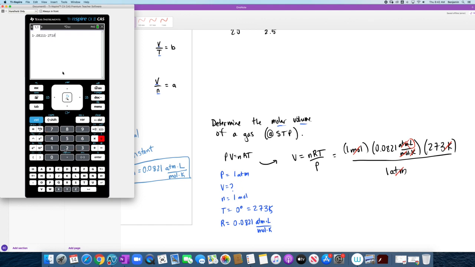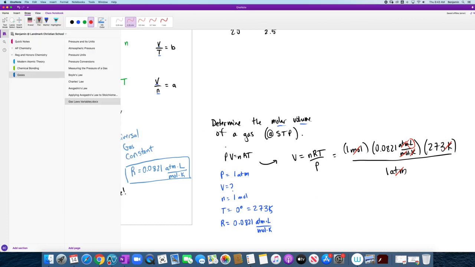And then, of course, divided by 1 doesn't really change the value. There we go. And we get the really important result of 22.4 liters.